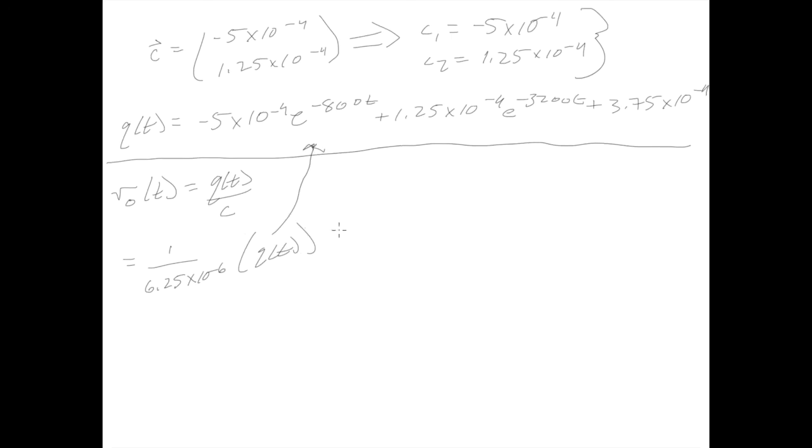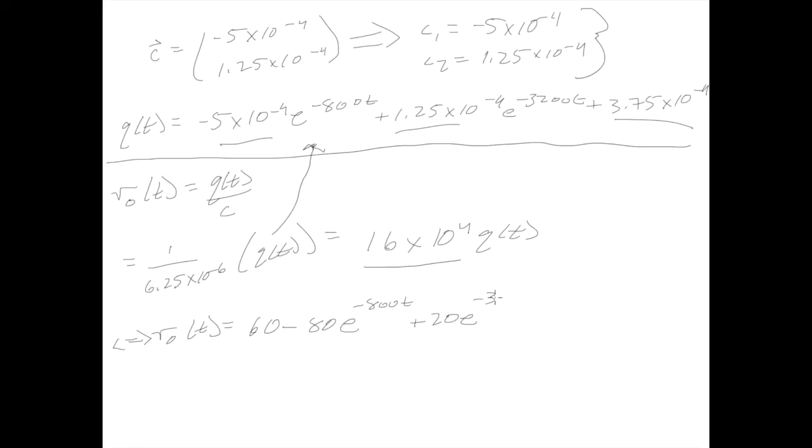So this is actually equal to 16 times 10 to the fourth times Q of t, which if you multiply everything out, multiplying this 16 times 10 to the fourth by this coefficient and this number, you'll find that V naught of t is equal to 60 minus 80 e to the negative 800 t plus 20 e to the negative 3200 t.